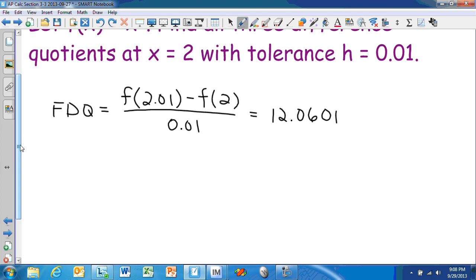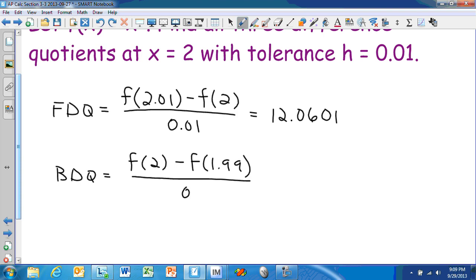And the next one is the backward difference quotient, which is f of 2, that's f of x, minus f of x minus h, that's f of 1.99, 2 minus 0.01, all divided by h, which is 0.01.